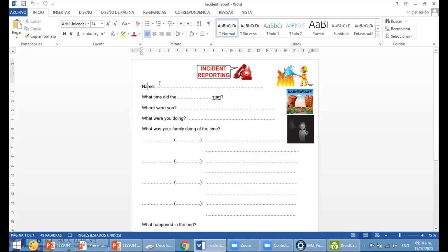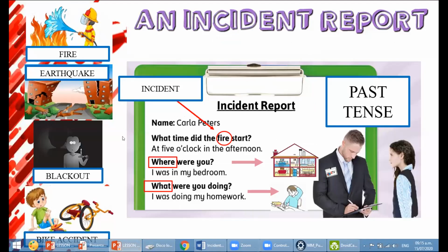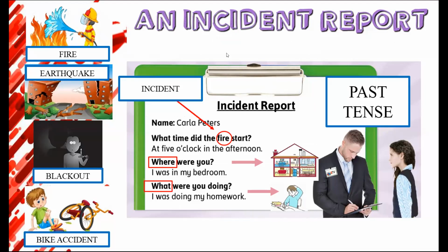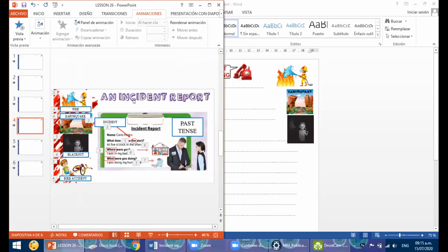The first, the second, where were you, and what were you doing? You see? You're going to answer this. Let's work with this part, okay? Only with this part. Let's complete this part, then we continue, okay? Now, please open your writing, okay?